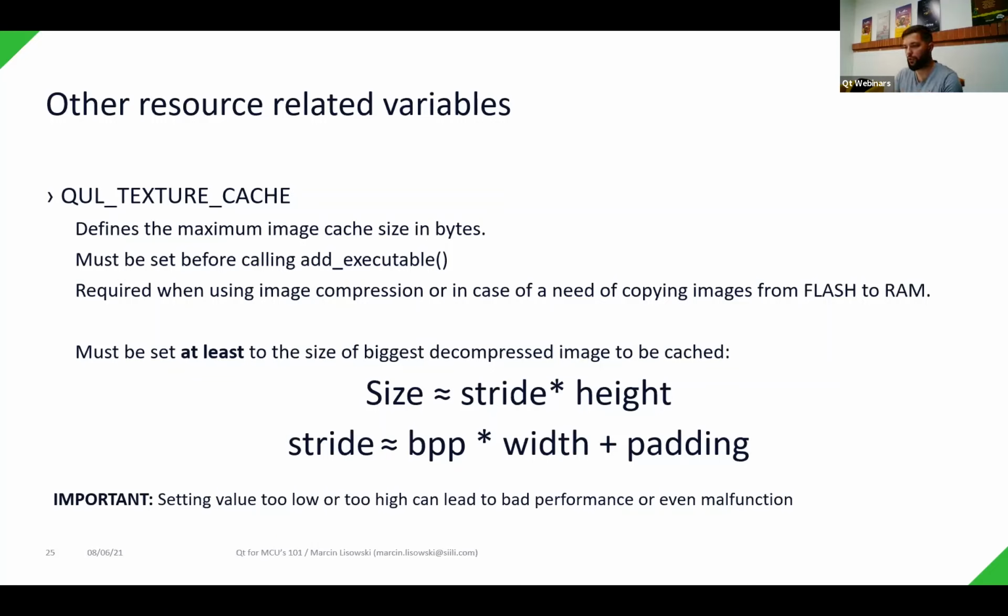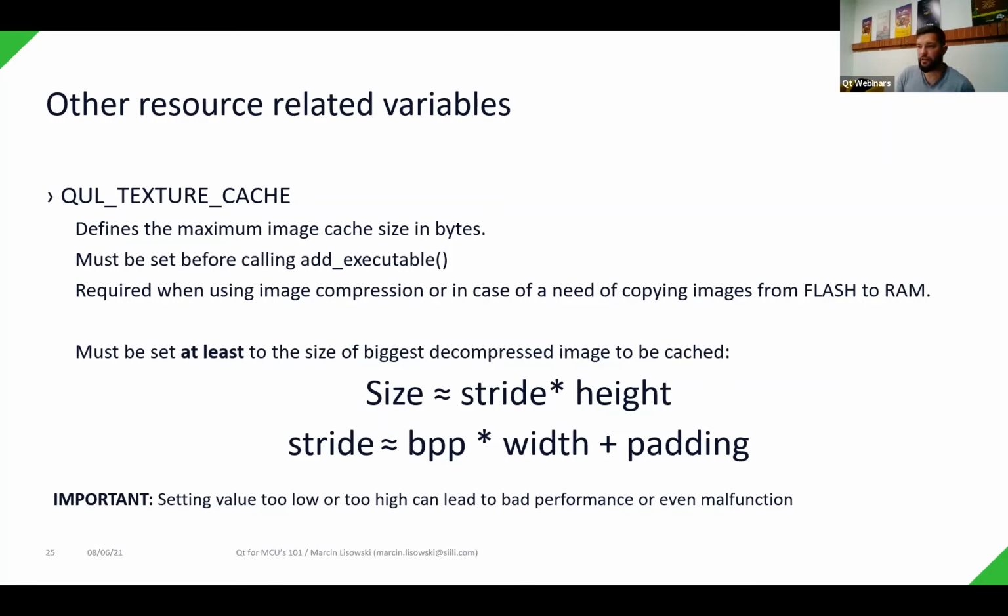And the formula you are seeing on the screen right now is to compute the minimum size of the image cache that has to be set to work properly. Because if you set this to too low a value, the biggest image will not fit in the memory, and your application will simply stop working.